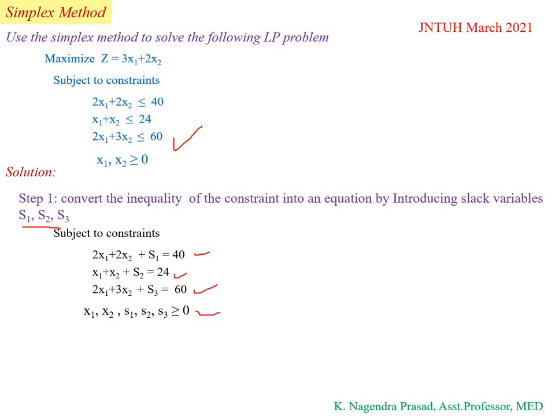After that, next we have to write the objective function in terms of all the variables, that is maximize z equal to 3x1 plus 2x2 plus 0s1 plus 0s2 plus 0s3.